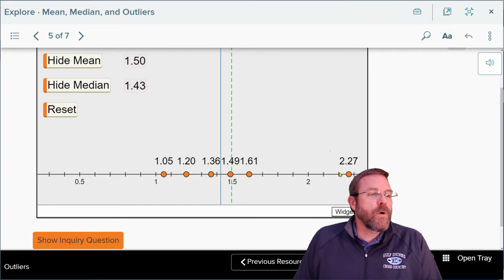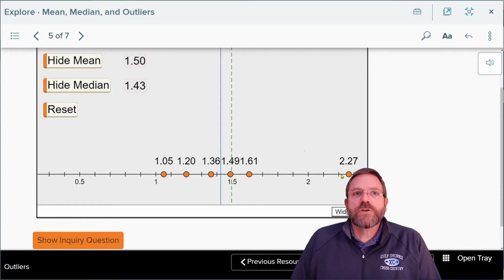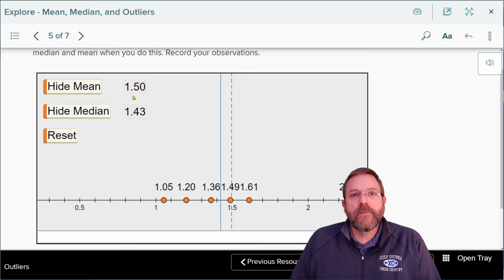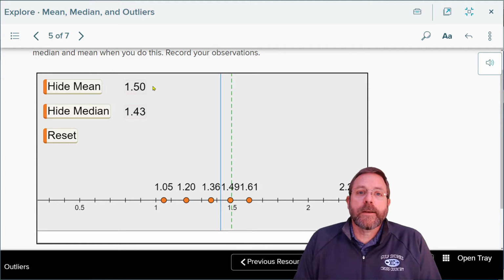So when you throw in an outlier, it skews your data some. It makes the mean and the median go from being very close to something that's not really close. That's why, when you have an outlier, we prefer to use the median as our center point for our data. If there are no outliers, then we tend to use the mean as a center point for our data.